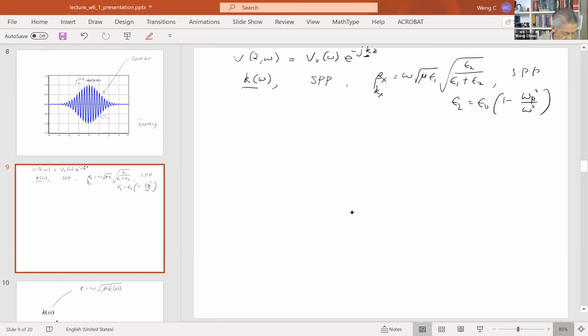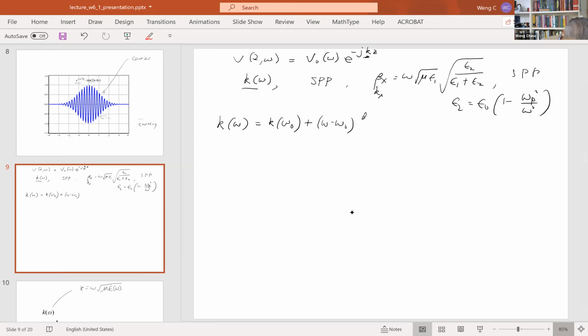But we can still analyze what its group velocity is by doing a Taylor series expansion. Okay, so even though k is a complicated function of omega, by doing Taylor series expansion, I can say that it is k at omega naught, plus omega minus omega naught times dk d omega at omega naught.